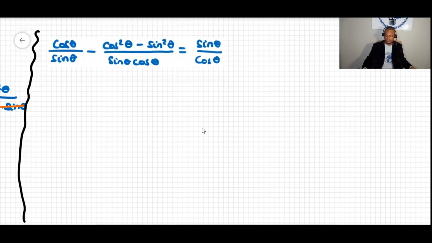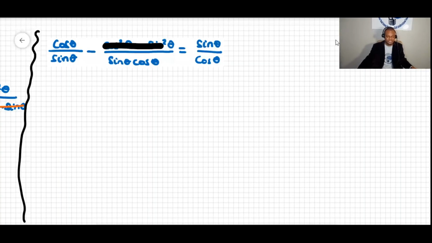So now over here, we can change this into 2 cos squared theta minus 1. Okay, we'll end up with the same answer.